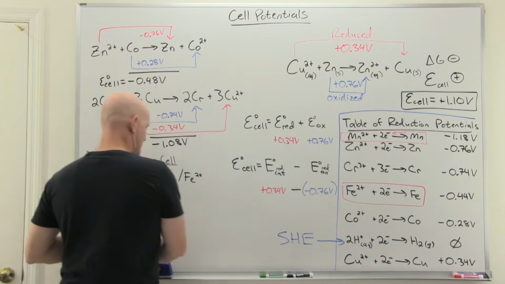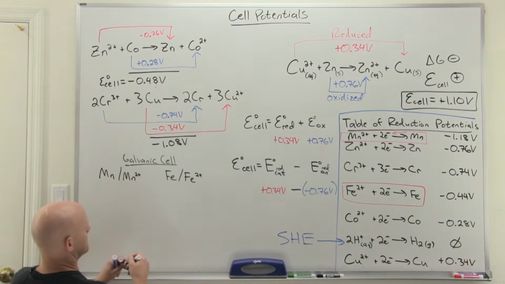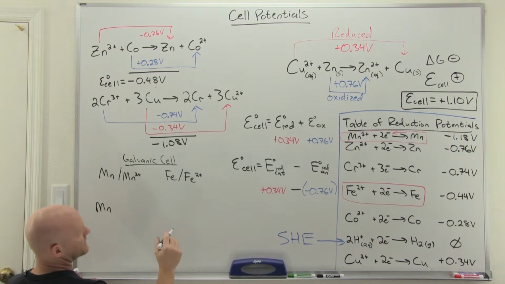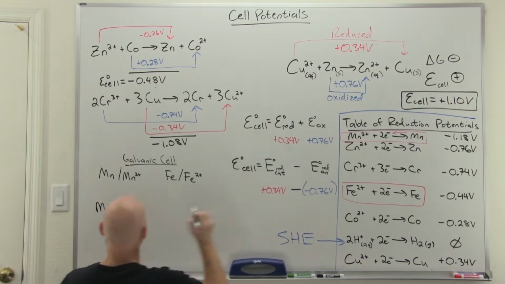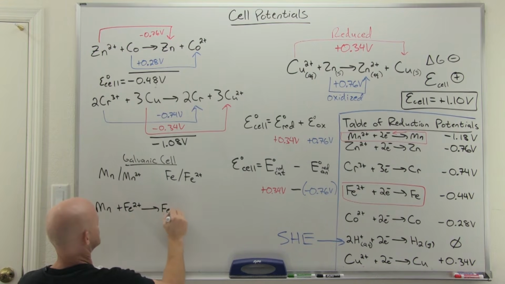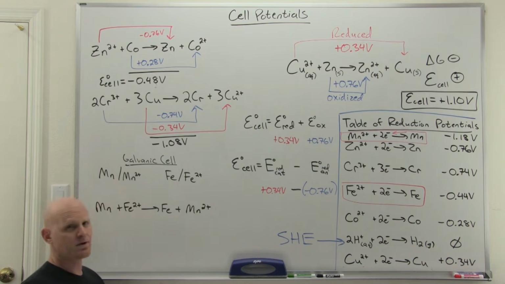And so I'm going to write a balanced chemical equation out of this, and then we'll calculate the Ecell to go with it as well. In this case, we're going to start with Mn as a reactant, in the one that's going backwards, and then Fe2 plus as the reactant in the one that's going forward. And that's going to form some Fe and some Mn2 plus. And they're both two electron processes, so it's balanced.